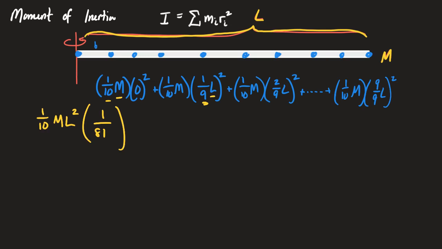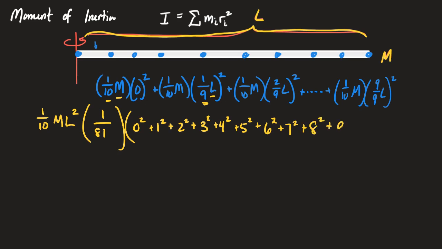Okay? Now, what's left is 0 squared plus 1 squared plus 2 squared plus 3 squared plus 4 squared plus 5 squared plus 6 squared plus 7 squared plus 8 squared plus 9 squared. So that's why I left 9/9 in there, so I could have that.